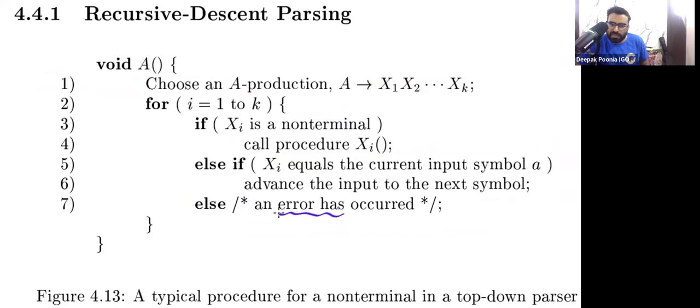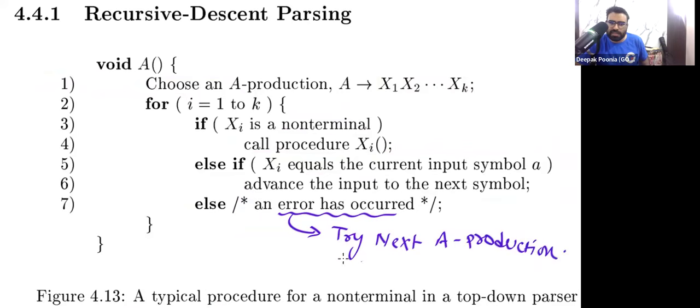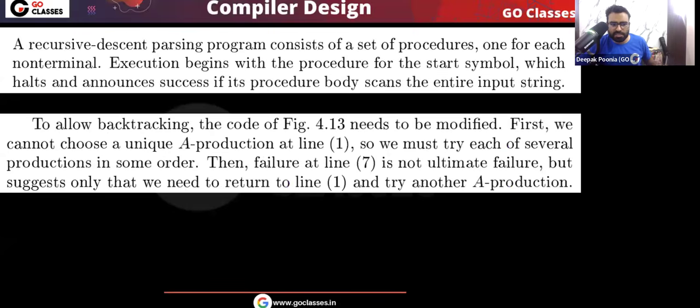And what will this error be? This error will be: try the next A production. I hope you understood.